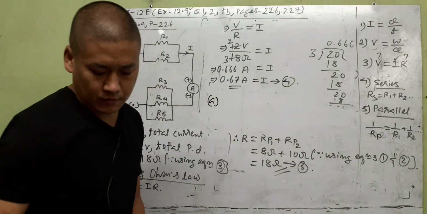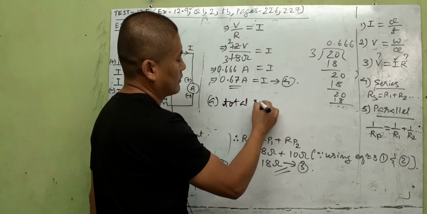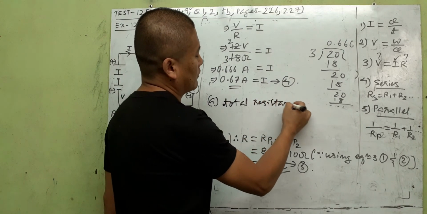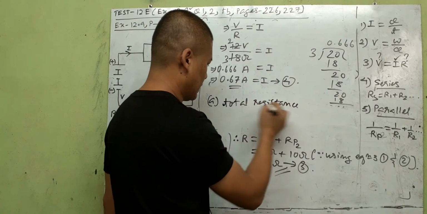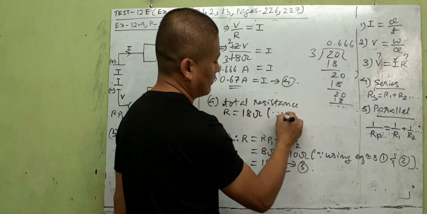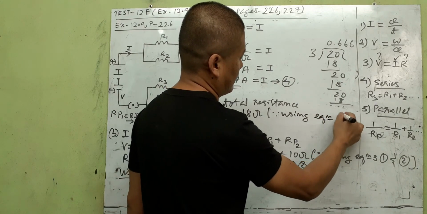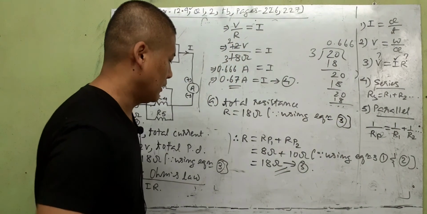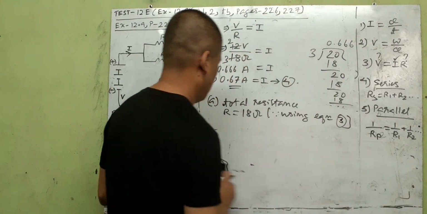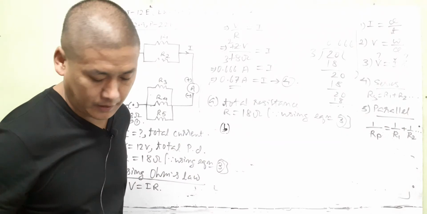A, total resistance. So the total resistance of the whole circuit, which is denoted by R, is equal to 18 ohms, using equation 3. And then B answer is, go to text if you want to write the language, total current.